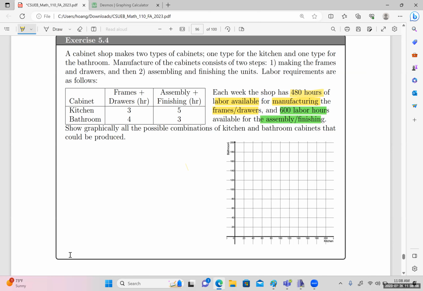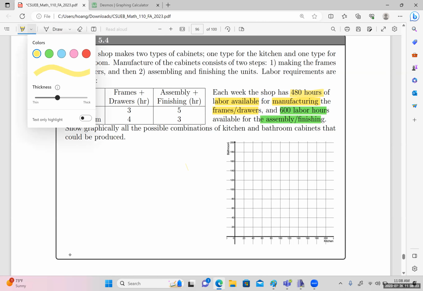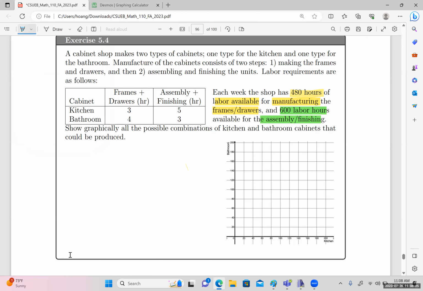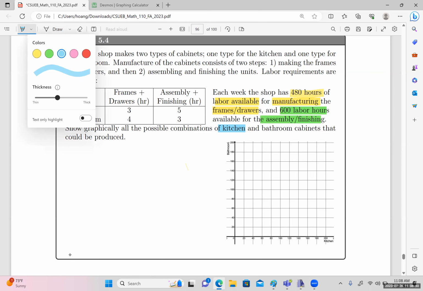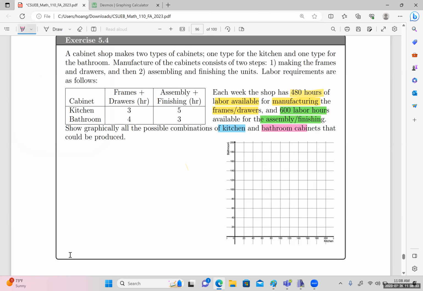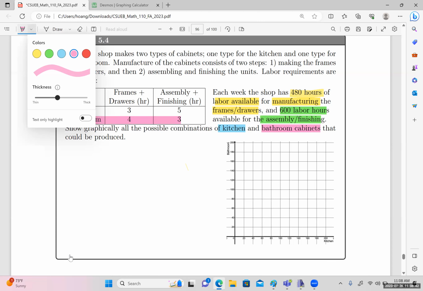Okay, so we want to have kitchen and bathroom cabinets. So maybe kitchen here and bathroom cabinets here.